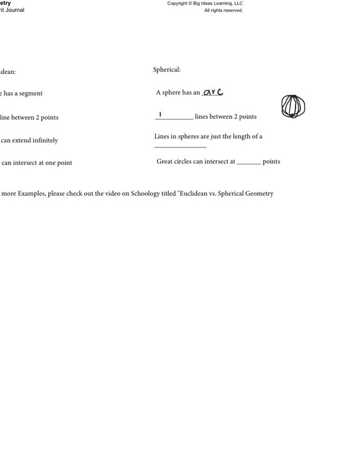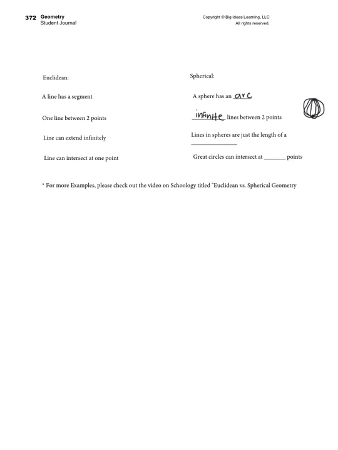There's actually infinite lines between 2 points in spherical geometry. Now, in Euclidean geometry, a line can extend infinitely. If we're looking at lines within a sphere, the line is just going to be the length of a great circle. It's not going to extend any further than that. It's going to stop at the great circle, right?